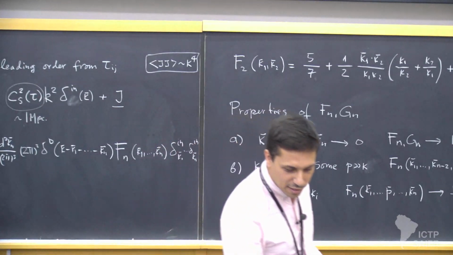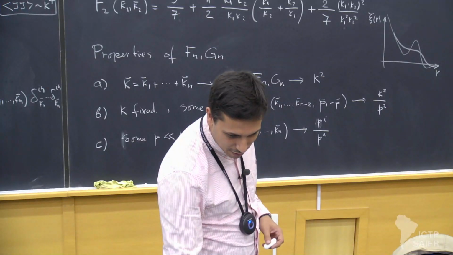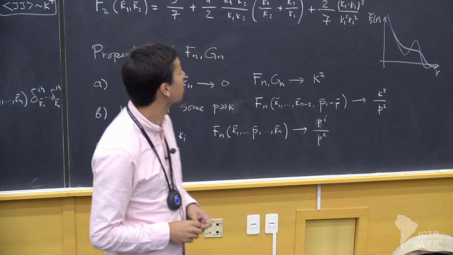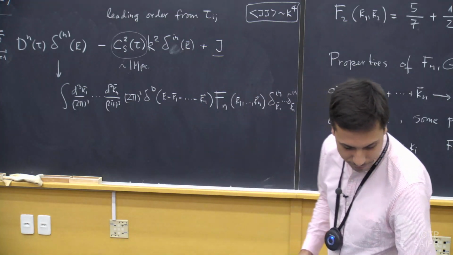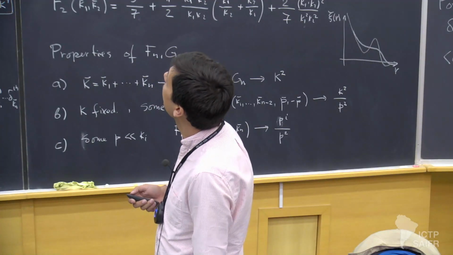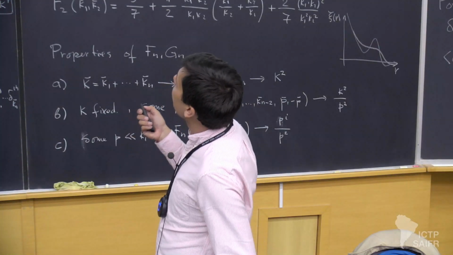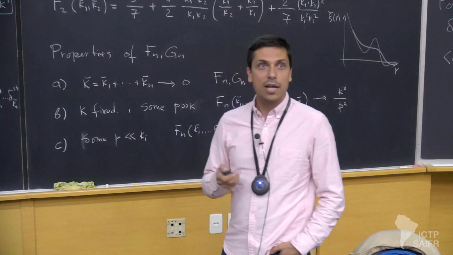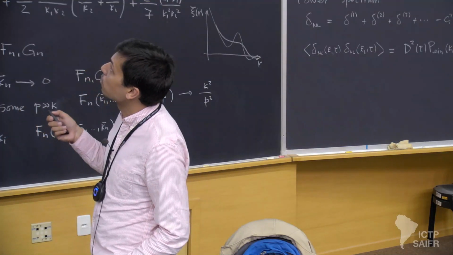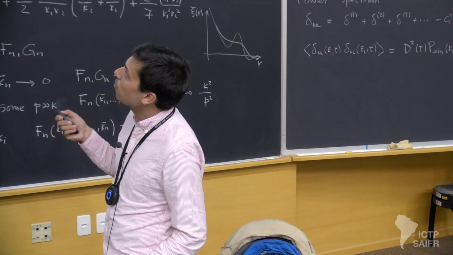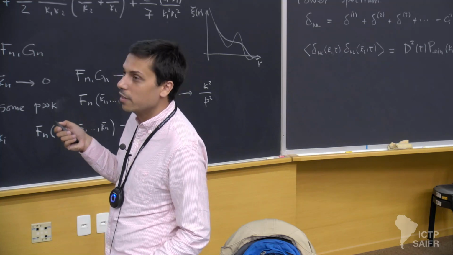So when we compare these things to simulations, this is what you get. So what is plotted here? I took some n-body simulations which have very large volume. So the error bars are very small. So first of all, I want to tell you that these error bars in each k bin here are very tiny.